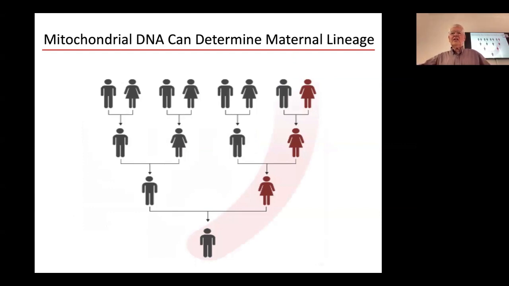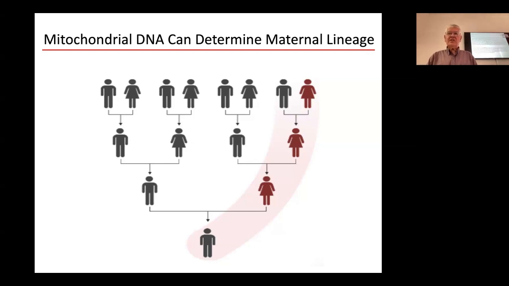You remember your mitochondria, the little organelles in your cell, are actually descended from bacteria that invaded the eukaryotic cells about 500 million years ago. That DNA is separate from the DNA in your nucleus, and it doesn't undergo the same processes. It's virtually identical in your mother and your grandmother and your great-grandmother, so it passes through unaltered. So it allows you to follow your maternal line.